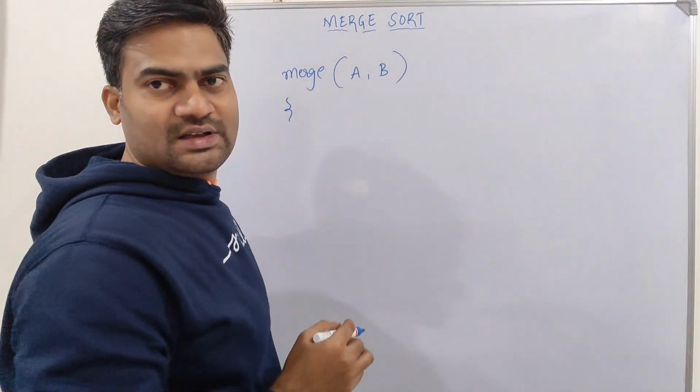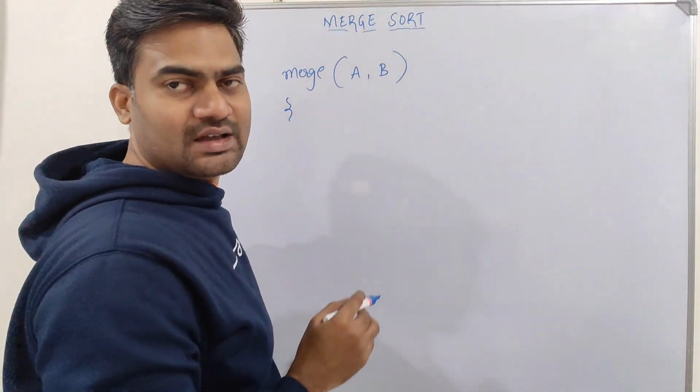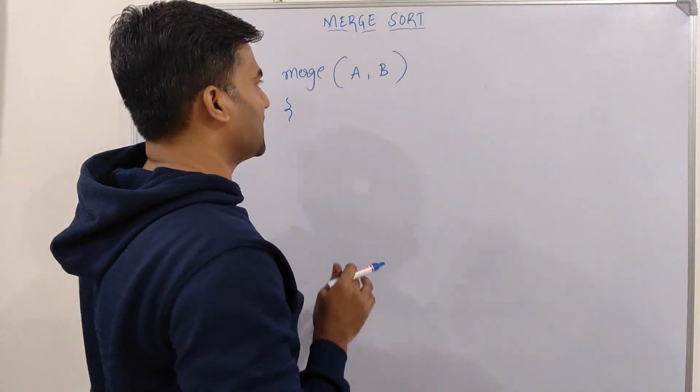Now I have A and B, which are arrays, and they are sorted. That's the precondition.